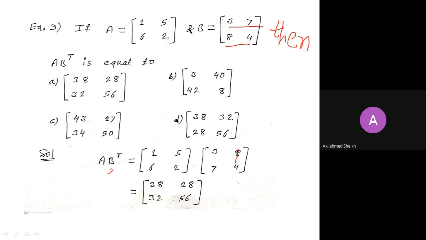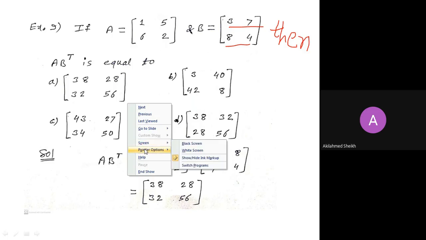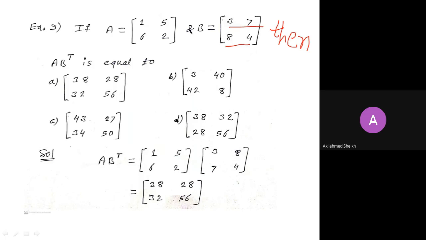Then multiplying these two matrices to each other, using the row by column method. Here simply multiplying the first row with the first column.